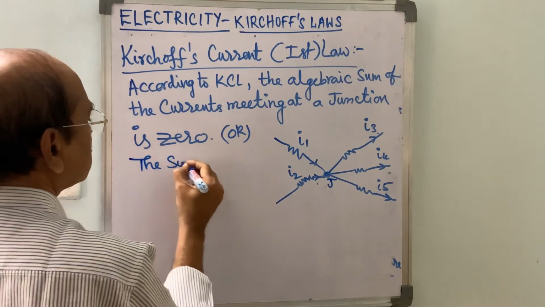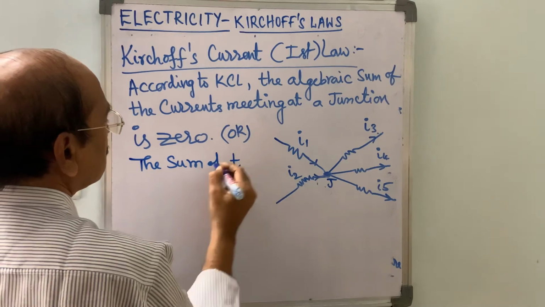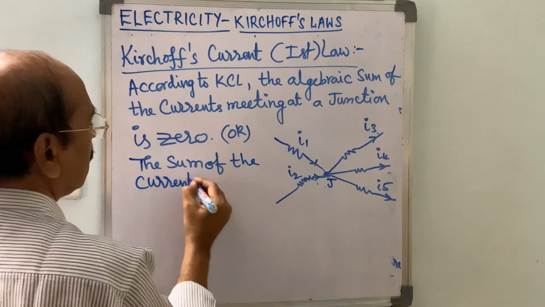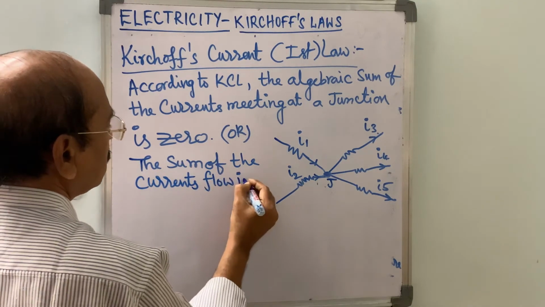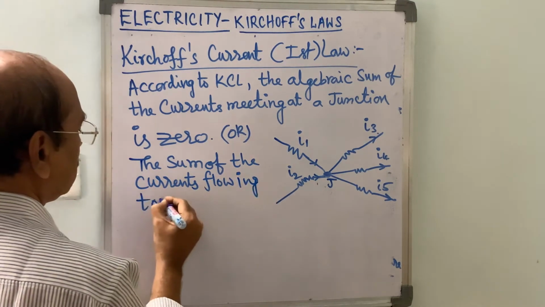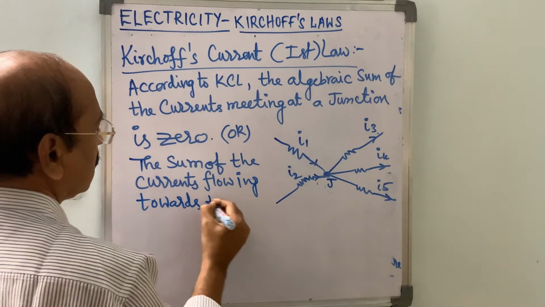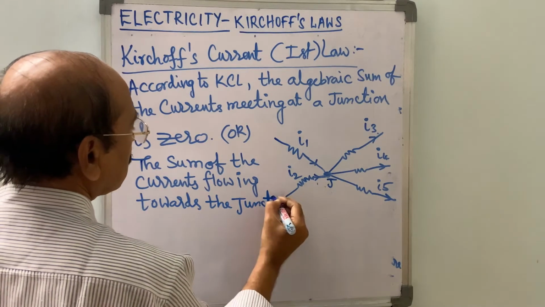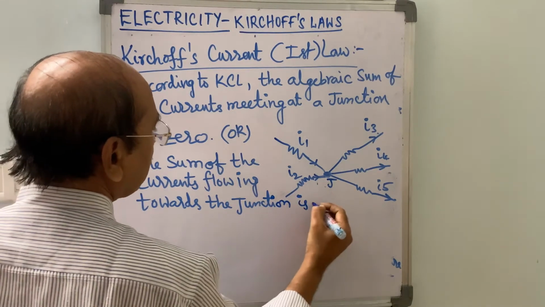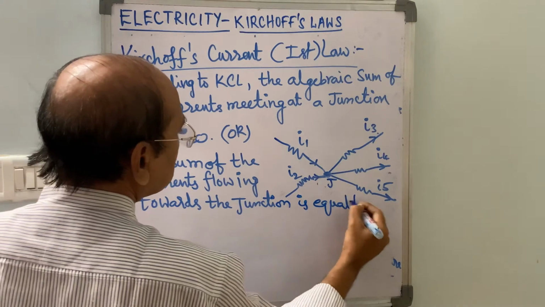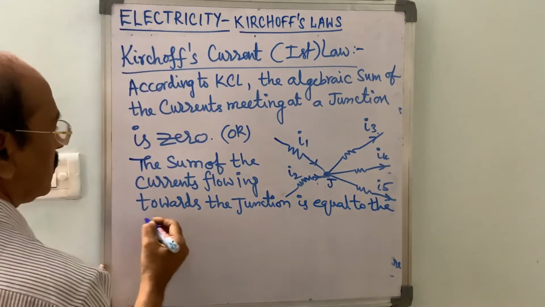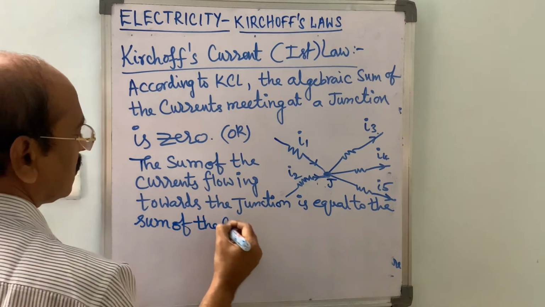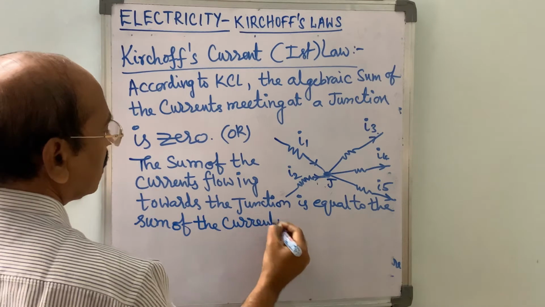The sum of the currents flowing towards the junction is equal to the sum of the currents leaving the junction.